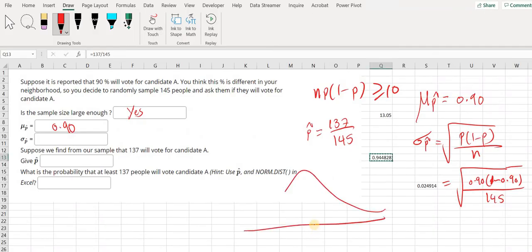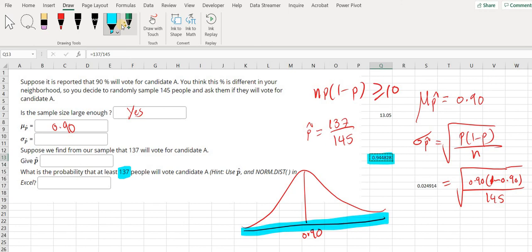So here is the normal distribution of the distribution of sample proportion with a mean of 90%. The number 137 is too big to fit here. This is a number line basically that has proportions at the bottom. So this number has to be turned into a proportion first before we use it. And we already did. It's right here.